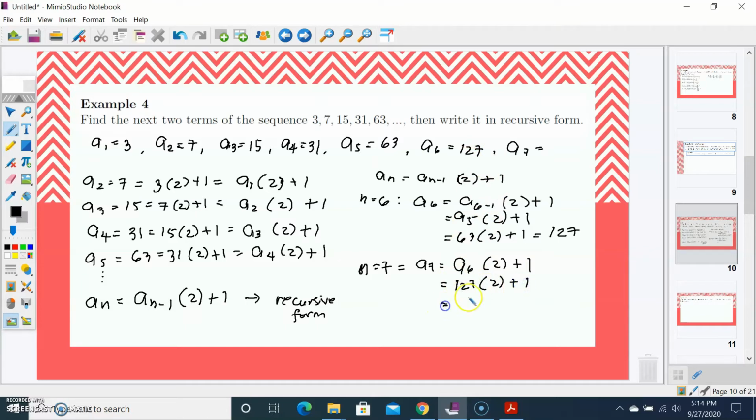Add 1. 2 times 127 will give us 254. Plus 1, this will give us 255. Meaning the seventh term of this sequence is 255. So that's it. We were able to find the recursive form of the sequence as well as the last two terms, which are 127 and 255.